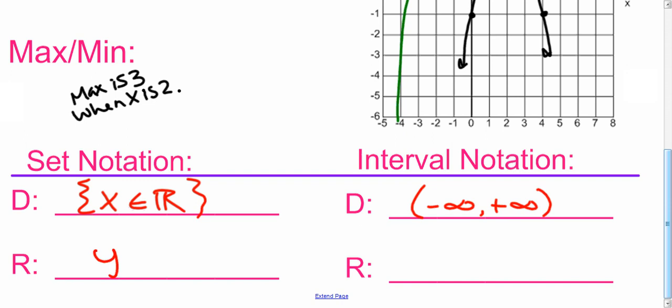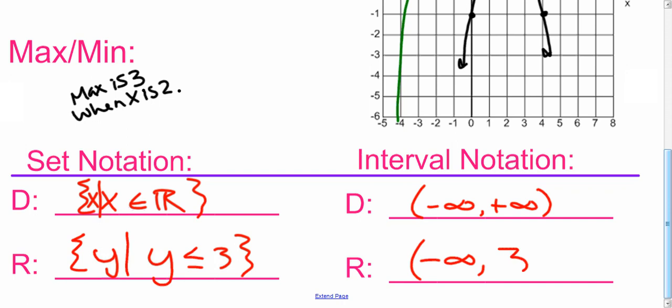And so, oops, I forgot up here to do this: set of all x such that, set of all y such that y is less than or equal to 3. My range would, because you have to go from the bottom to the top, go from -infinity until I hit 3.